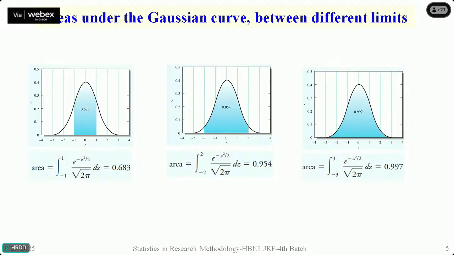Then you change the limit from -1 to -2 and the upper limit from +1 to +2, that is -2 to +2. Then the area will be 95.4% of the total. You can do the integration also and come out with the same result. The blue shaded regions in all these three curves show the area covered by the respective integral.